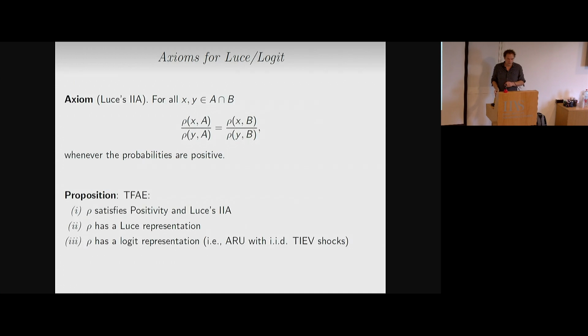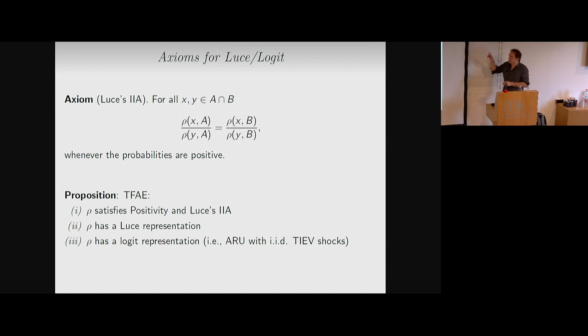Okay, so what is the axiom behind Luce's model? There actually is a pretty simple axiom that Luce called the independence of irrelevant alternatives, but we already have an axiom called the independence of irrelevant alternatives, so I call this Luce's IIA. What does Luce's IIA say?